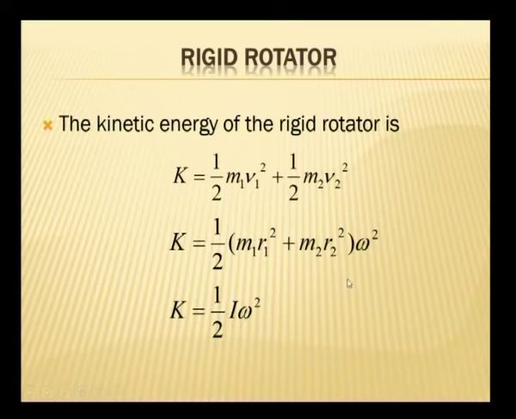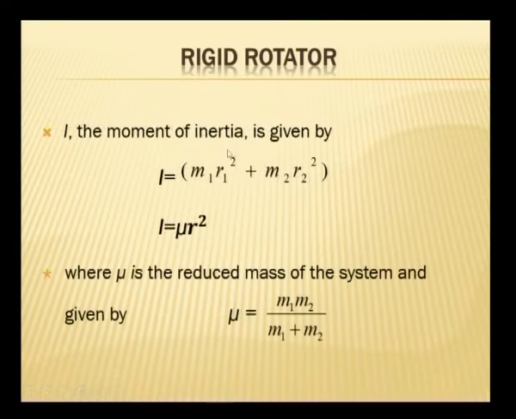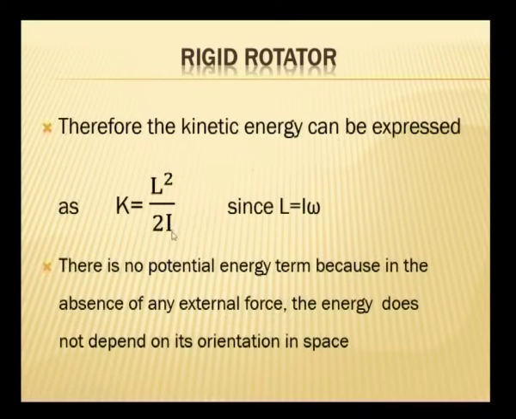The moment of inertia is given by I equal to m1 r1 square plus m2 r2 square, and that is I again equal to mu times r square, where mu is called the reduced mass of the system, defined as the product of the two masses m1 and m2 divided by the sum of the two masses, m1 plus m2. I is the moment of inertia.